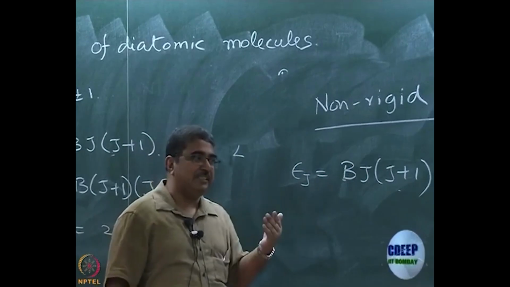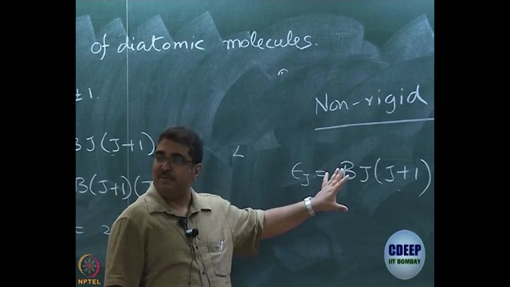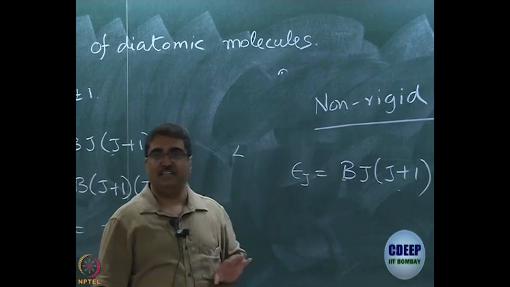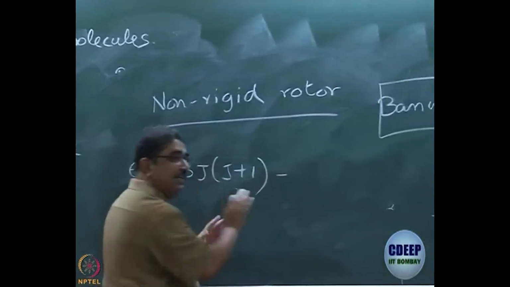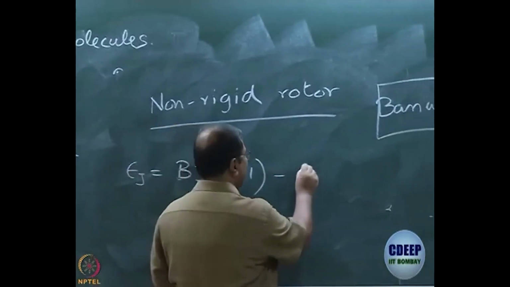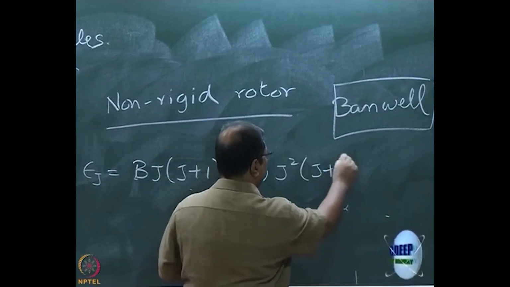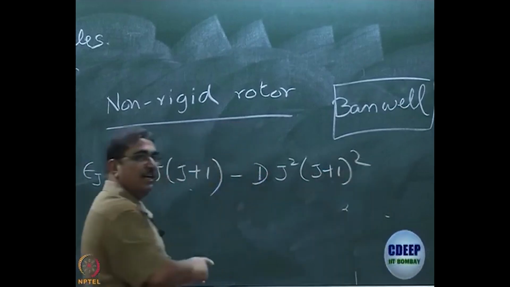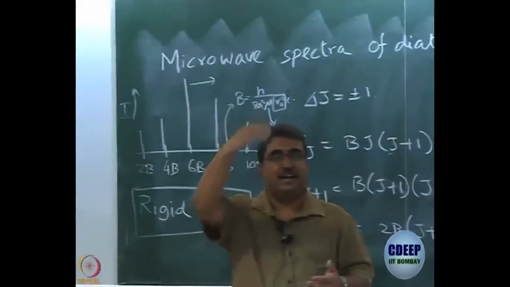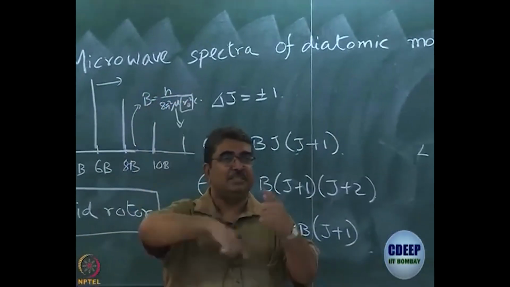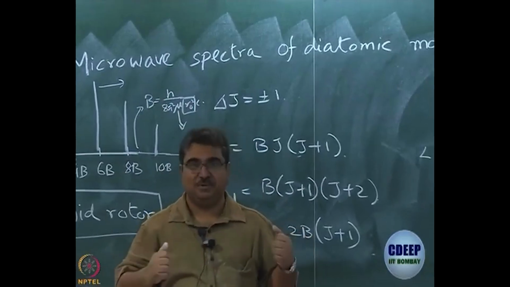If it is a small change, then you can start with the original value and bring in correction terms, right. And the first order correction term, keeping in mind that energies have to decrease a little bit, is d j square into j plus 1 whole square. So, you see this correction term becomes more and more important as you go higher and higher up the energy ladder, which means the molecule is rotating with higher energy. That is why centrifugal distortion is more.